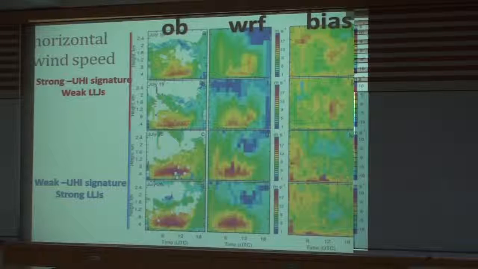And we double confirm it in the observation data and simulation data to see how well our simulation can catch this signal. In the strong UHI signal, it means the low-level jet stream. You can see here the WRF model catches it quite well. Of course, it underestimates the low-level wind speed, but it captures the pattern of the observation data quite well.